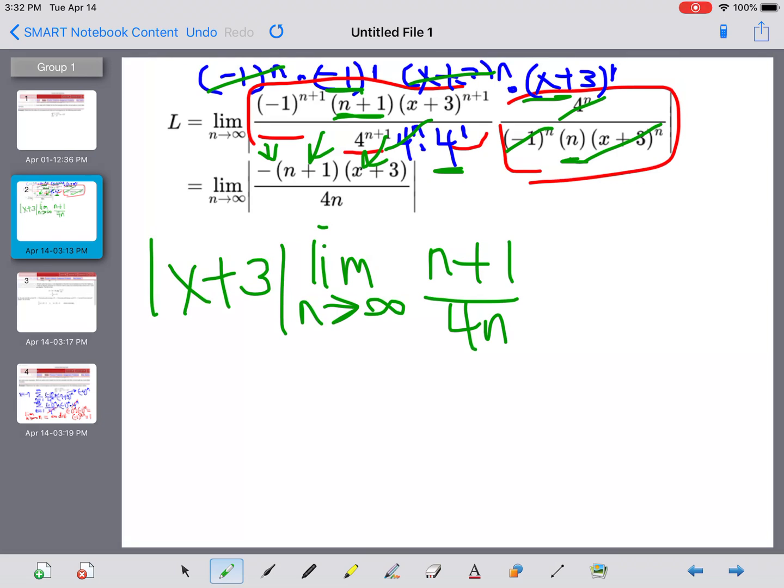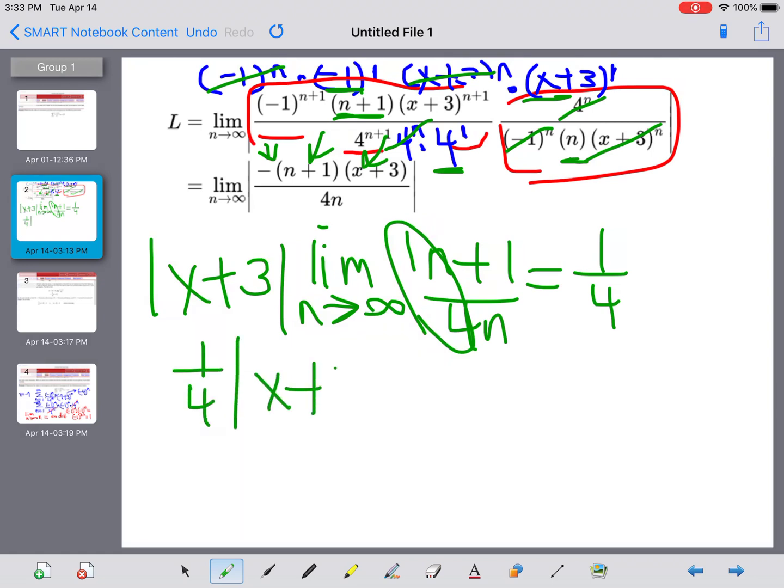Now, to take the limit as n approaches infinity, if you have the same highest exponent, which we do here in both top and bottom, then you take the ratio of the coefficients to get your limit. So our L, so to speak, is 1/4 times the absolute value of x plus 3.